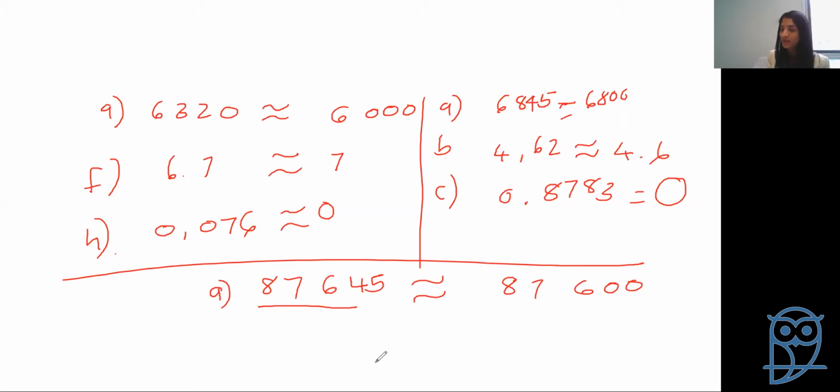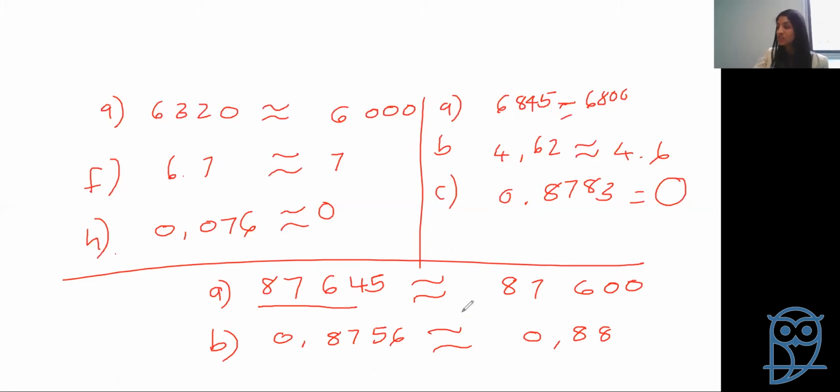Okay, what about if I did this one, 0.8756? What would be the 3 significant numbers on that one? Okay, now we're talking about 3 significant numbers. So in this instance, the number will be 0.876. Okay, so that is rounding off.